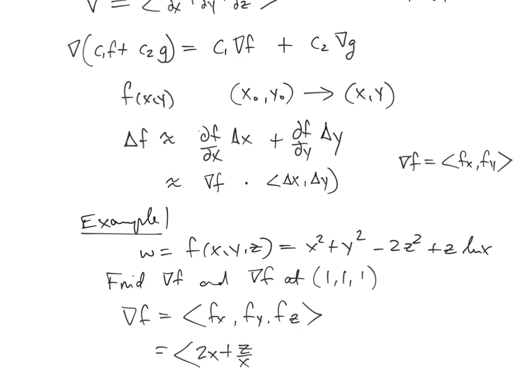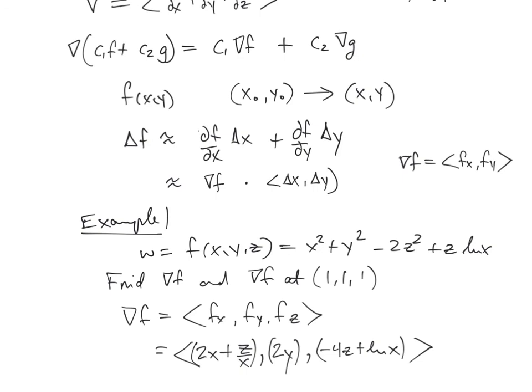So we get that. Okay, so that's our f of x. F of y is going to be 2y, and that's it, right? And f of z is going to be minus 4z plus ln of x. So there's my gradient vector, okay?